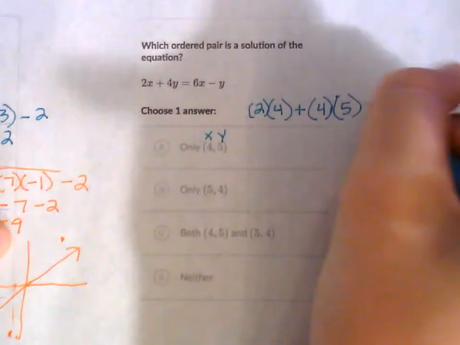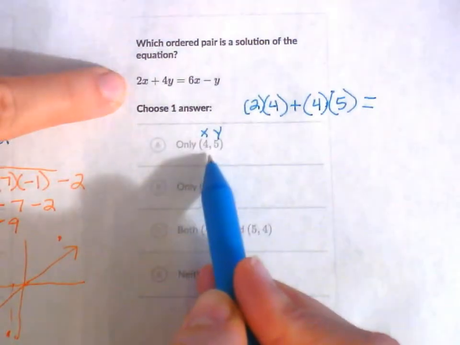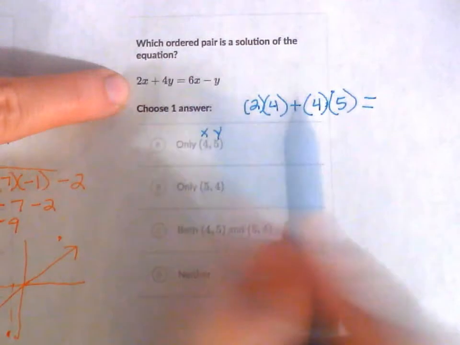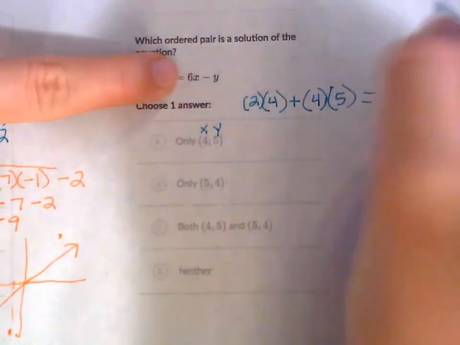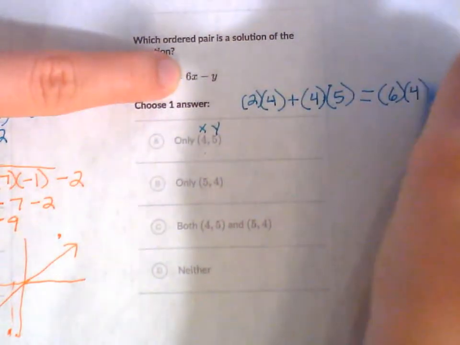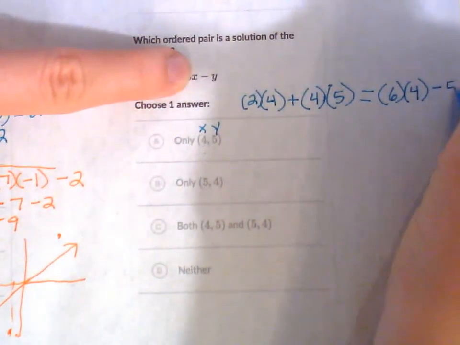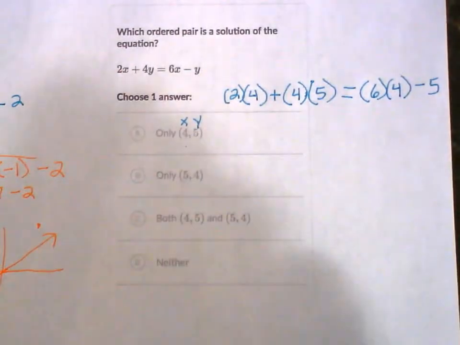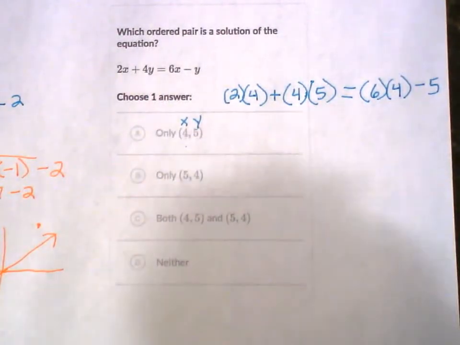So far, all we did was plug in 4 for our x and 5 for our y. So equals 6 times x, our x is 4, minus y, minus 5.